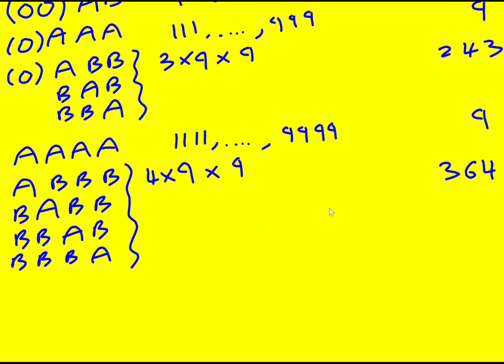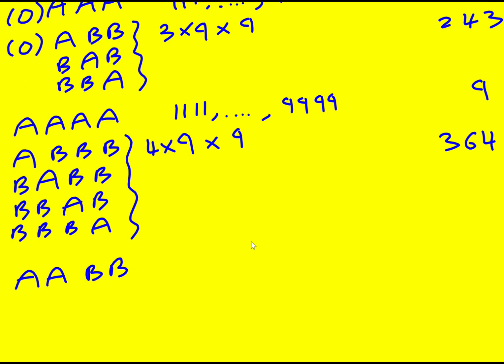Finally, there's one more case to look at, and that is when I've got these two the same and these two the same. There's going to be 9 options for A because it can't equal 0, and then 9 options for B after that. And now I just need to think about the way I can rearrange that. So I could have A, B, A, B. That would be one possibility.